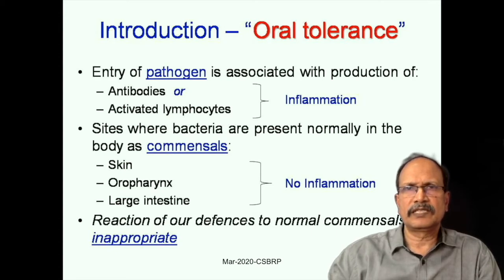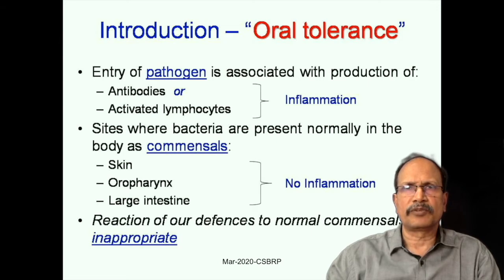Whenever there is entry of a pathogen or a protein into our system, we react by producing antibodies or activated lymphocytes, and this causes inflammation and neutralization of the protein or the organism. There are some sites in the body where bacteria normally exist without any induction of inflammatory process.